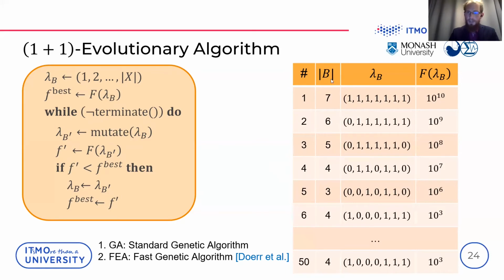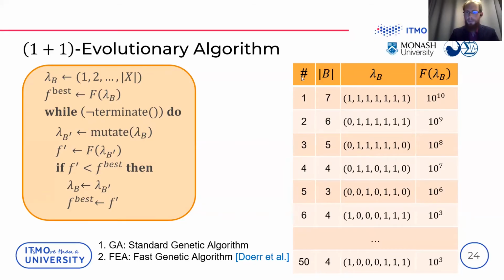For example, consider the following history of the evolutionary algorithm. So here's the iteration number, the size of the set, the representation of the set, and the value of the fitness function. So first, the algorithm always tries to remove some bits, to remove some variables from the set, and thus decrease the fitness function value, but not always.